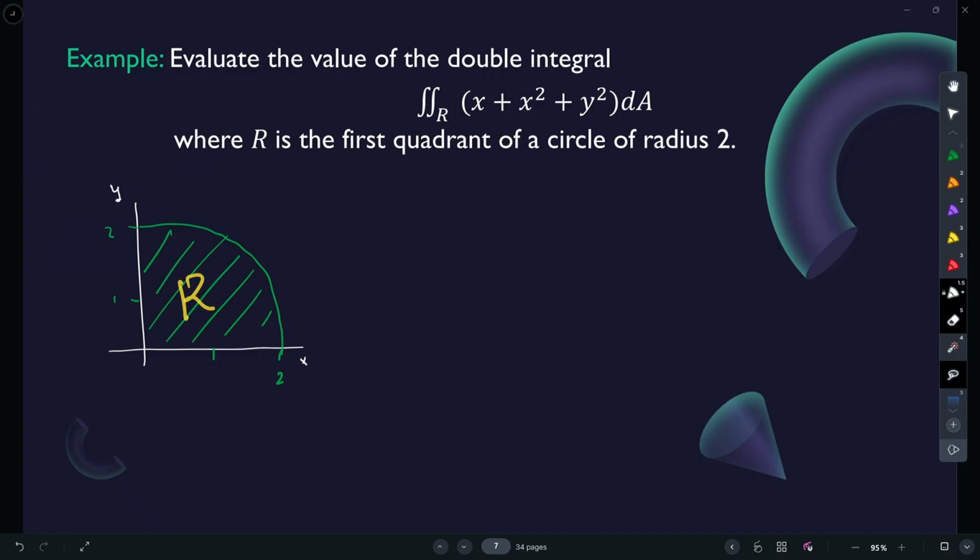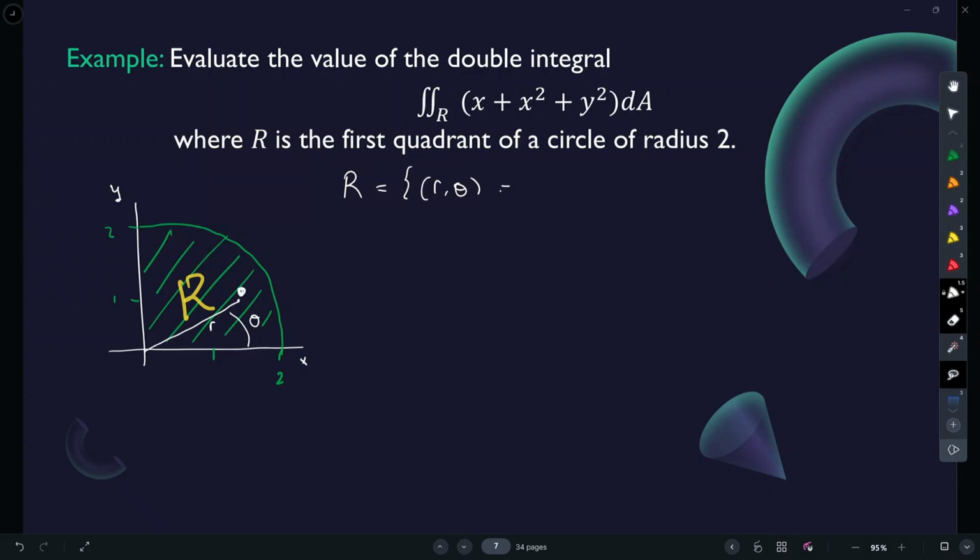So the integral will be, let's first translate the region into polar coordinates. Those coordinates are r and theta. If you pick a random point here, I can determine what the distance to the origin is, and what the angle from the x-axis is.